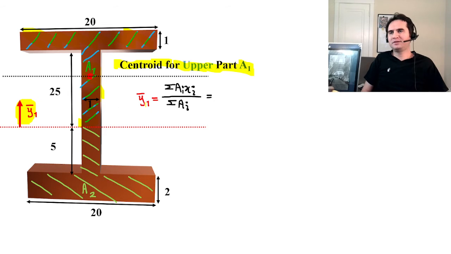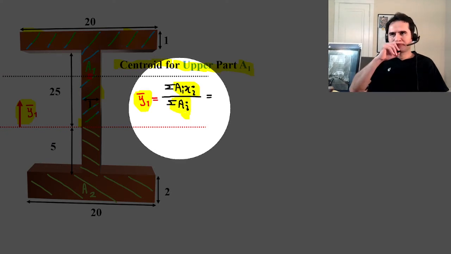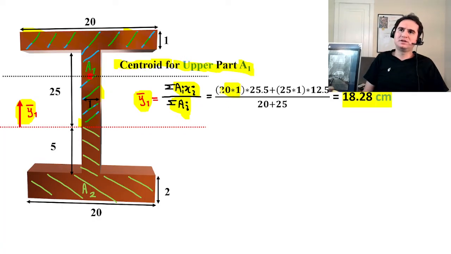If we want to calculate the centroid, it's the summation of area times xi or yi over the summation of area. That gives us 20 times 1, the top flange area, times 25.5, which is the distance from the centroid of the top flange to the plastic center, because this is 1 and this is 0.5 centimeters.